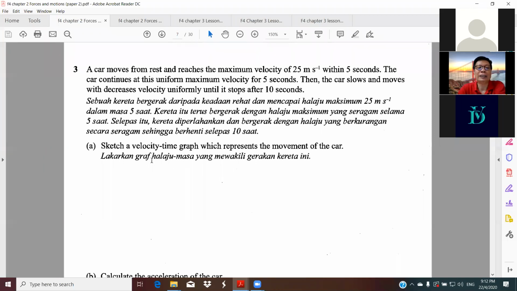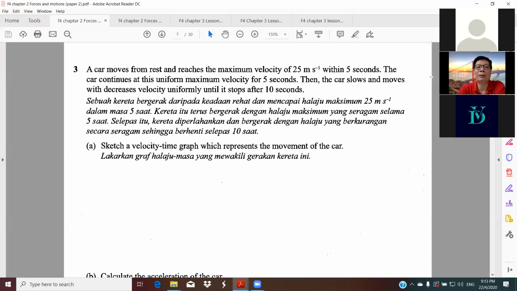So now they ask to sketch a graph. A velocity-time graph. Total time is 10 seconds. First 5 seconds from 0 go to 25. Then the next 5 seconds continue at uniform maximum velocity. It's uniform velocity for the 5 seconds, so it's a straight line.